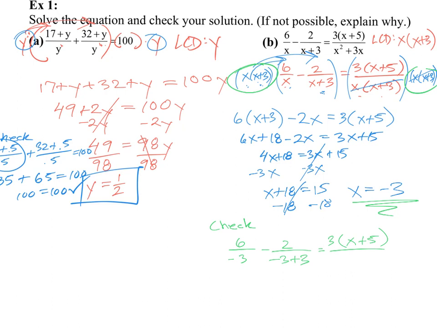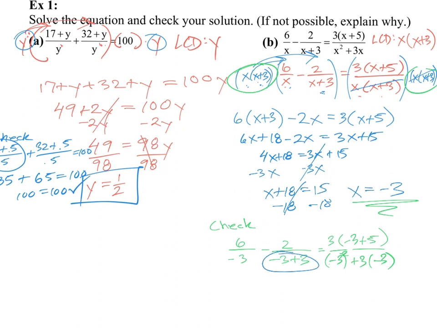How do I use eraser? Erase. There we go. All right, and I got -3, and then over -3 squared plus 3 times -3.